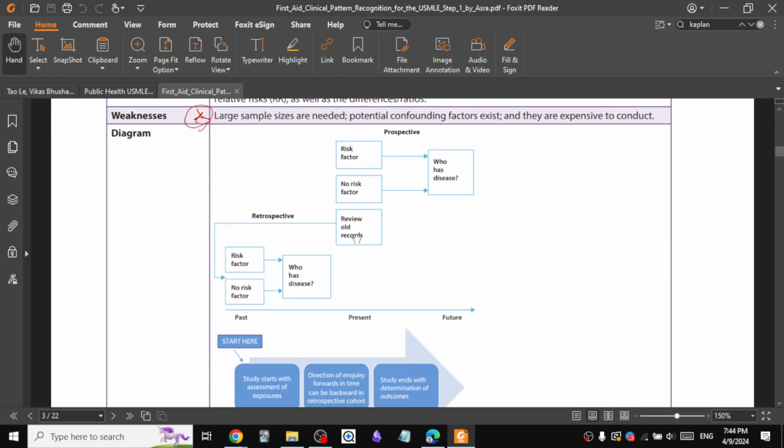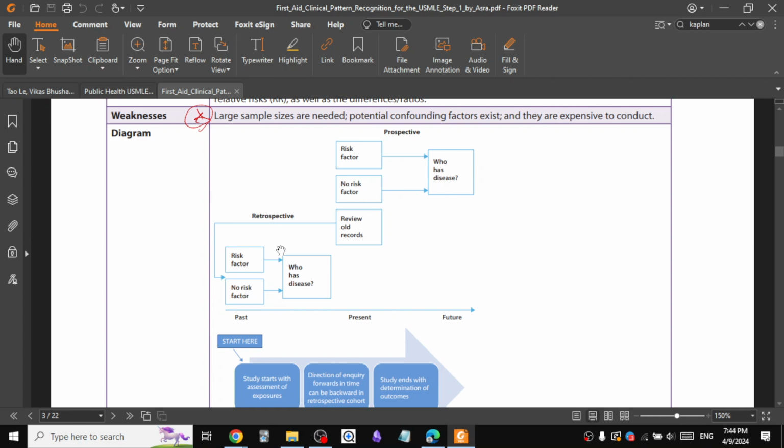Retrospective is similar to case control, but what you're doing is going through the records. You're not going to ask them any questions. You take the group of these records, find what risk factors they were exposed to, and then determine what the disease status is.